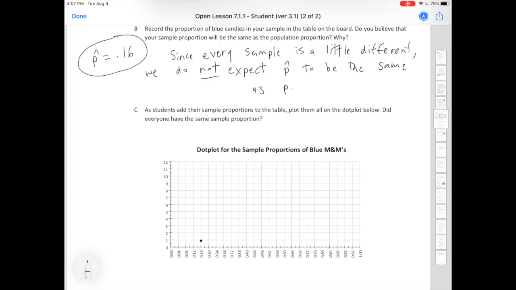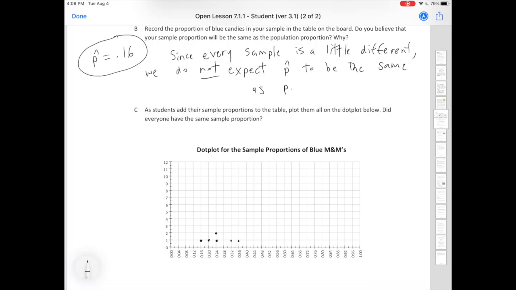So the first sample got 0.24. So let's call that student number 1. Student number 2 got 0.36. Student number 3 got 0.24. So I'm going to put a dot right here. Student number 4 got 0.32. Student number 5 got 0.2.